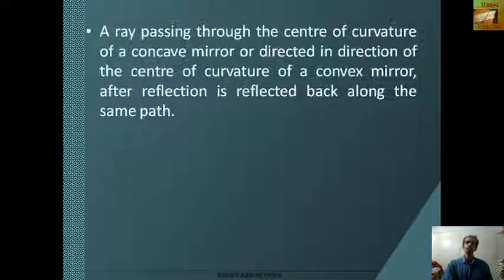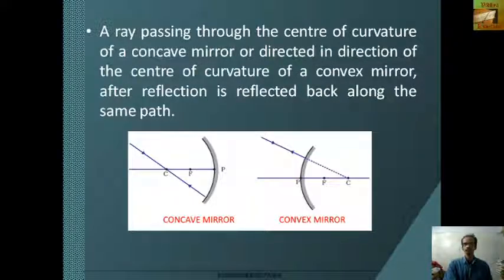Now the third point is a ray passing through the center of curvature of a concave mirror or directed in the direction of the center of curvature of a convex mirror, after reflection is reflected back along the same path. In this case, we can consider this spherical mirror as being made of very small plane mirrors.